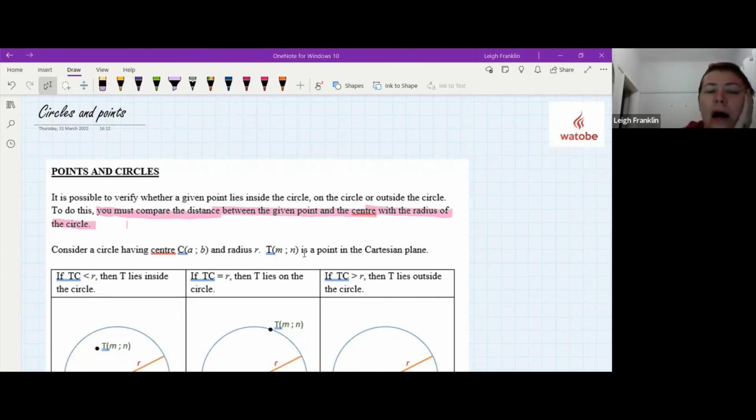I think they would probably ask it in a similar way. The only thing they could maybe do differently is say, show that point P lies outside the circle, or prove that point X lies on the circle. But yeah, it would be fairly similar.